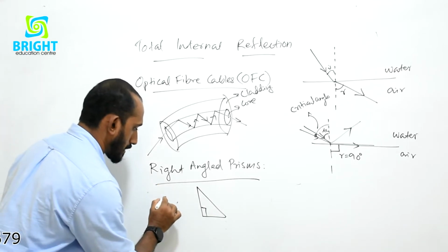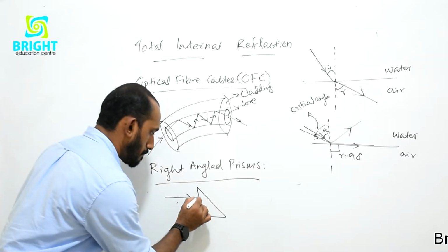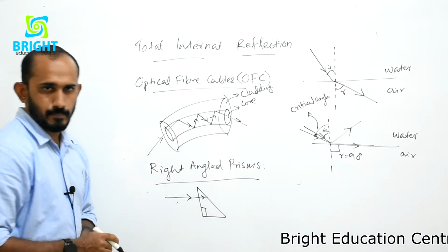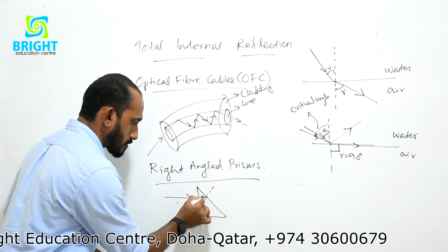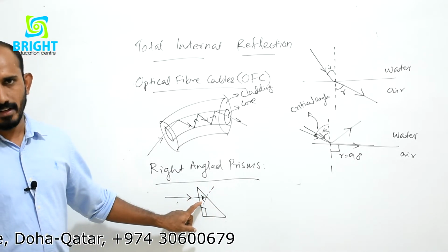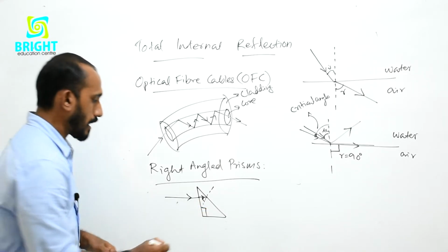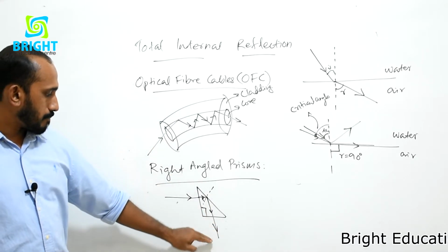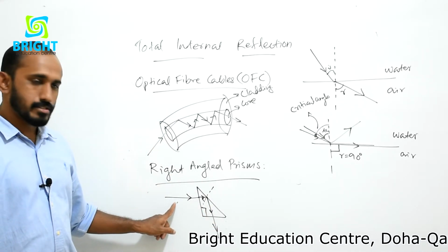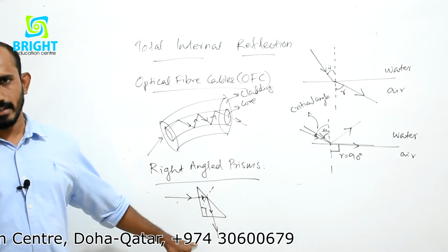If a light ray is incident like this, for example with normal incidence, it will pass straight through, and at this point, if you draw the normal, you can see this angle becomes 45 degree. So it is more than the critical angle of the glass. It will come back into the same medium and pass through this one.